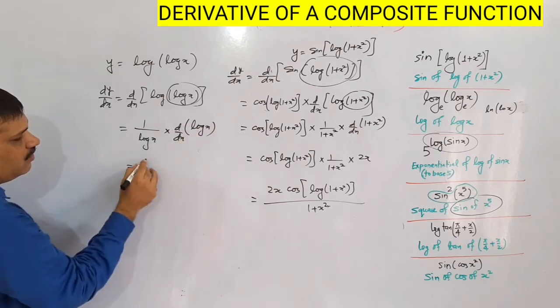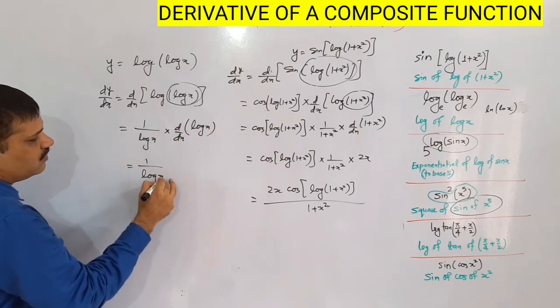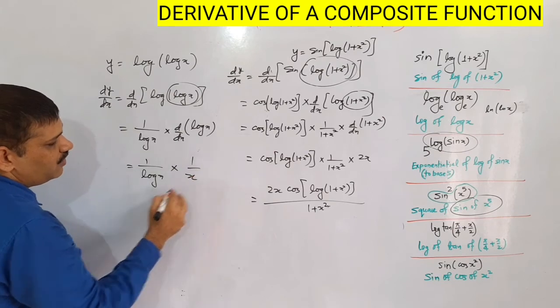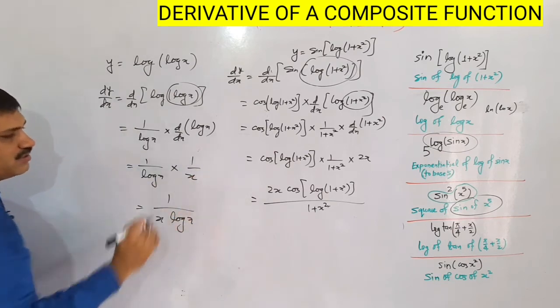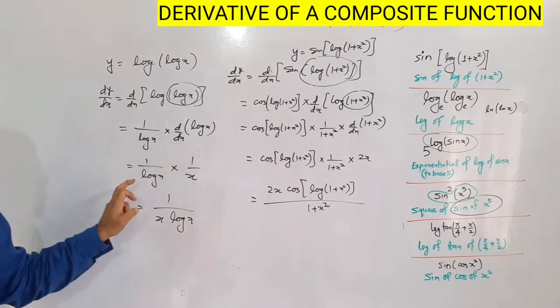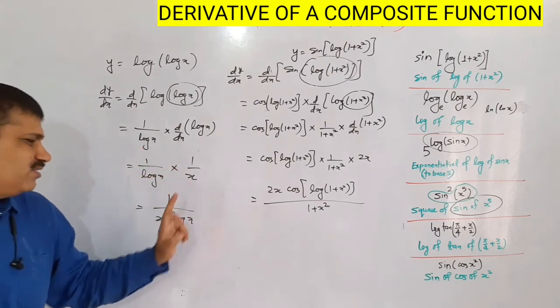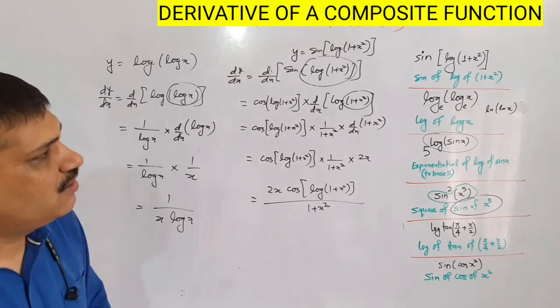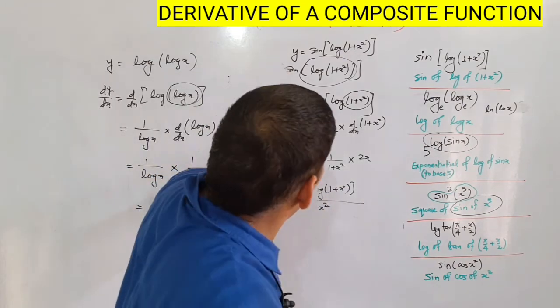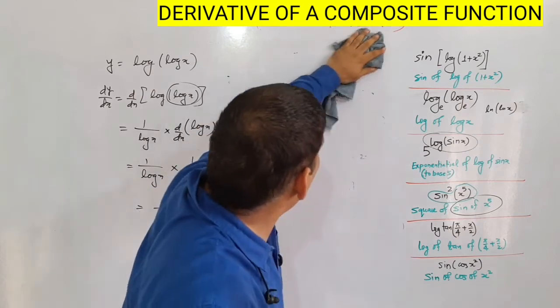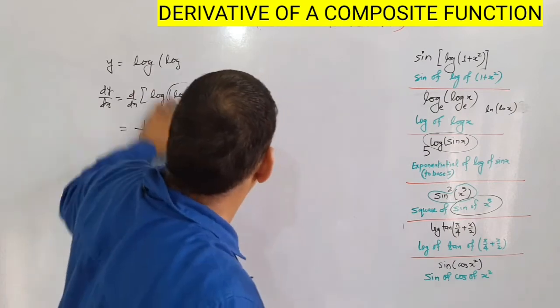Now differentiate it, 1 upon log x into the derivative of log x is 1 upon x, so this will give x times log x. In the denominator, numerator is 1 into 1, 1, the denominator is log x into x, that is x times log x.